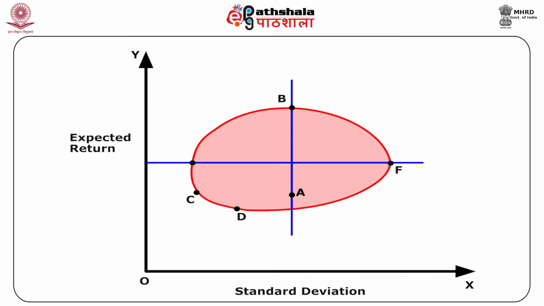Point B is at the highest point and is exactly on the vertical axis. So is point A, which is also on the vertical axis but is much lower down and in a sense is on the negative portion of the vertical axis.